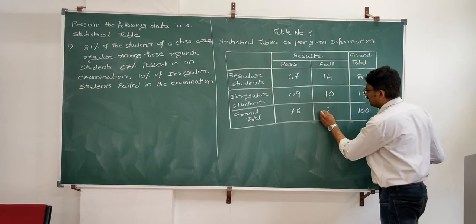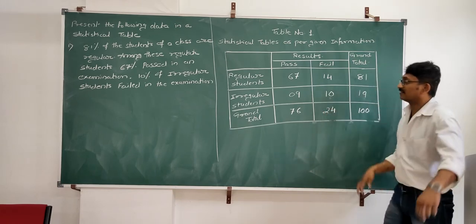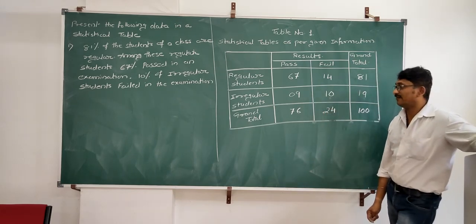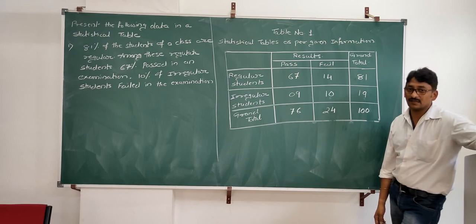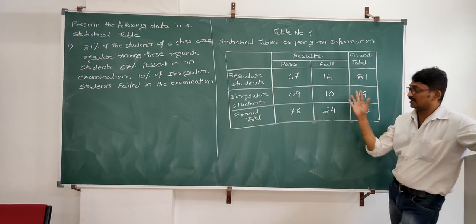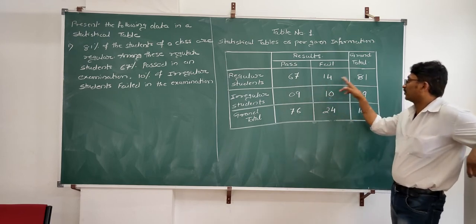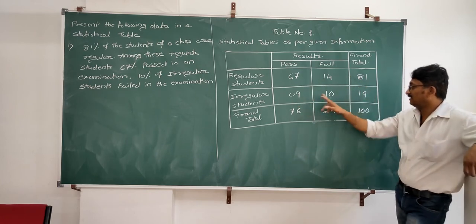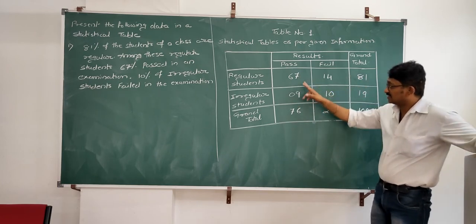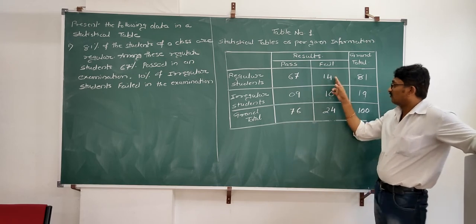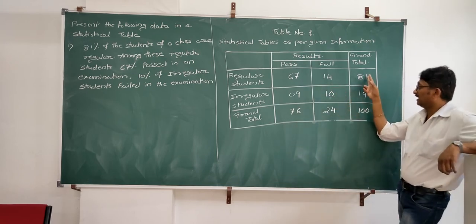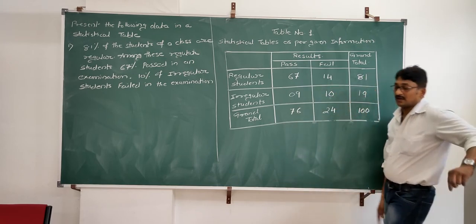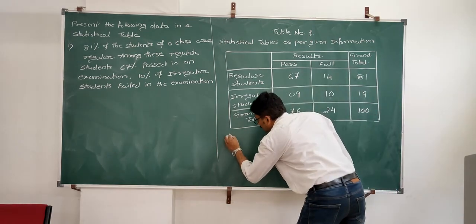Means the remaining 24 failed in the examination. All the information is over. Just check the totals. 67 plus 14, 81. 9 plus 10, 19. 67 plus 9, 76. 14 plus 10, 24. 81 plus 19, 100.